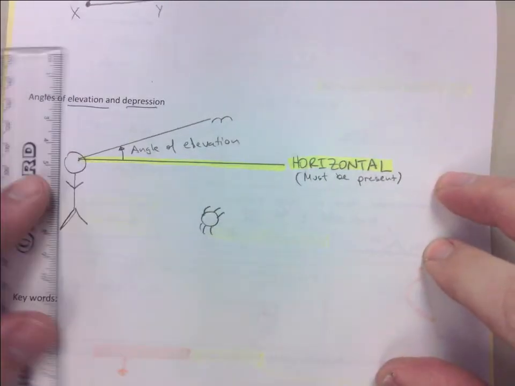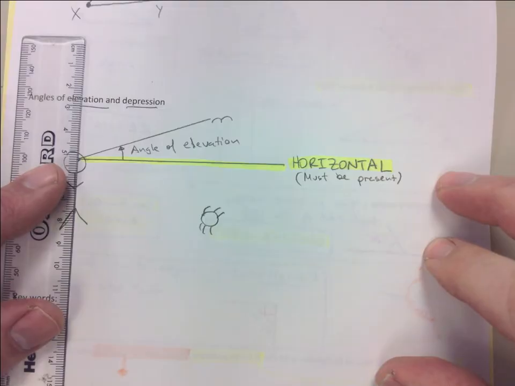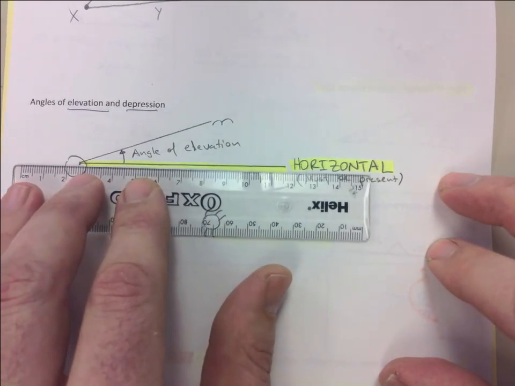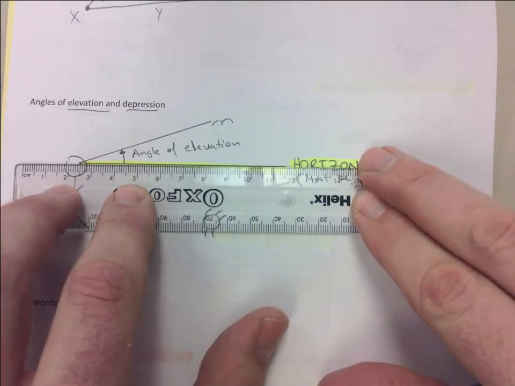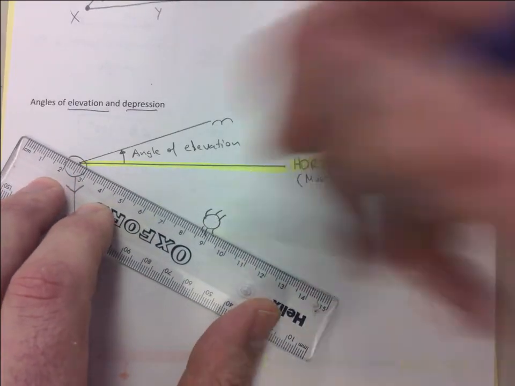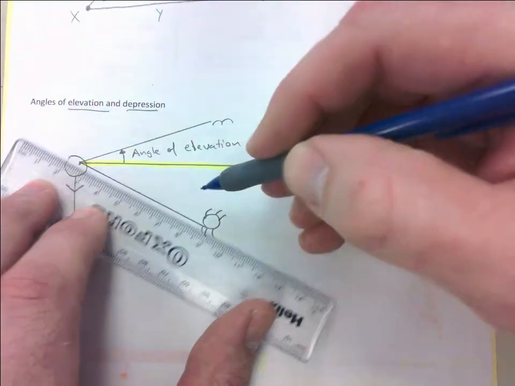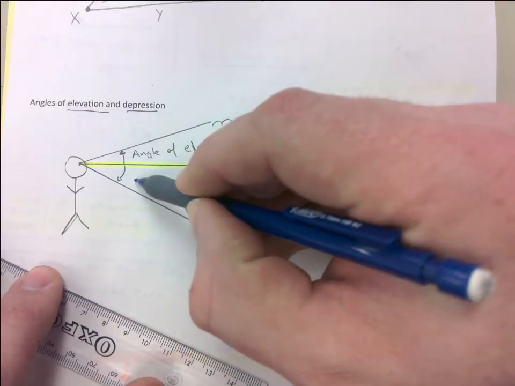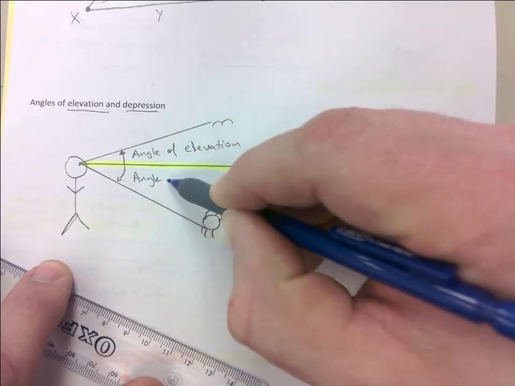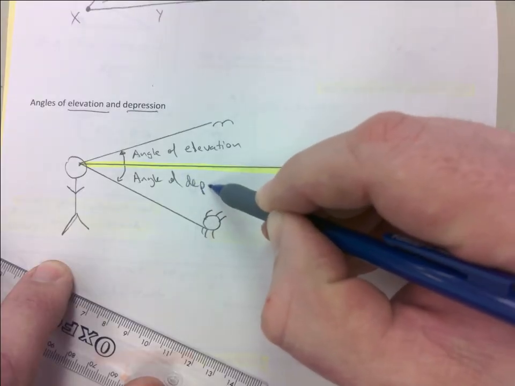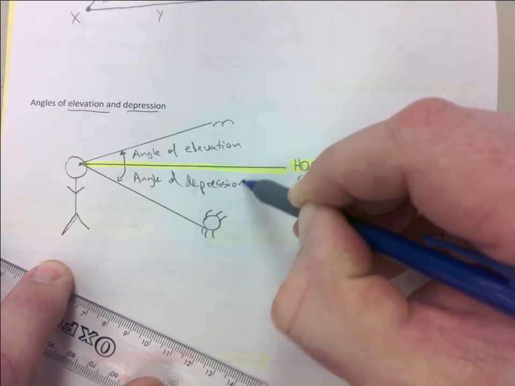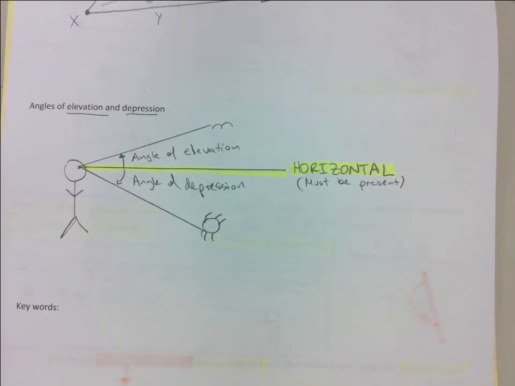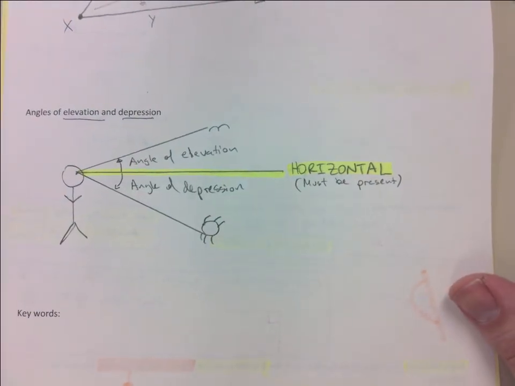I don't start from the vertical, do I? I start from the horizontal. Okay, hopefully that sticks. From there, looking down, from the horizontal going to the line of sight looking down, that's the angle of depression. Okay, so that's something to remember.